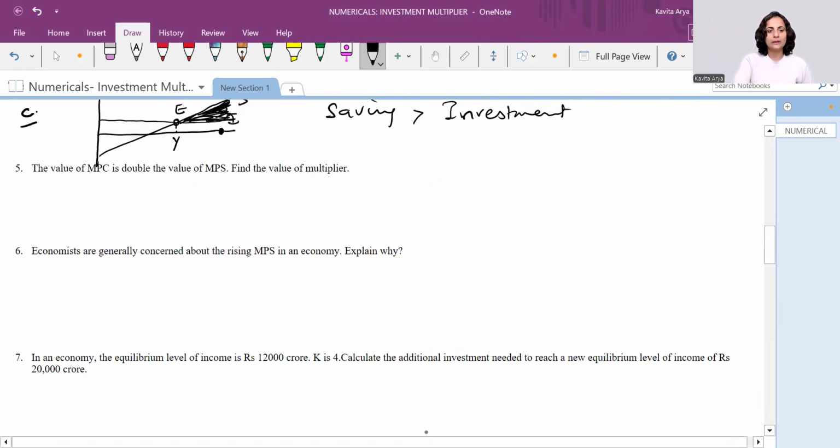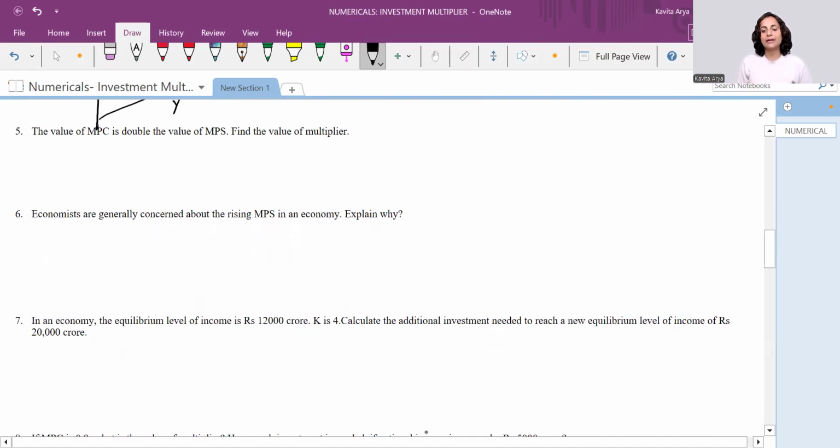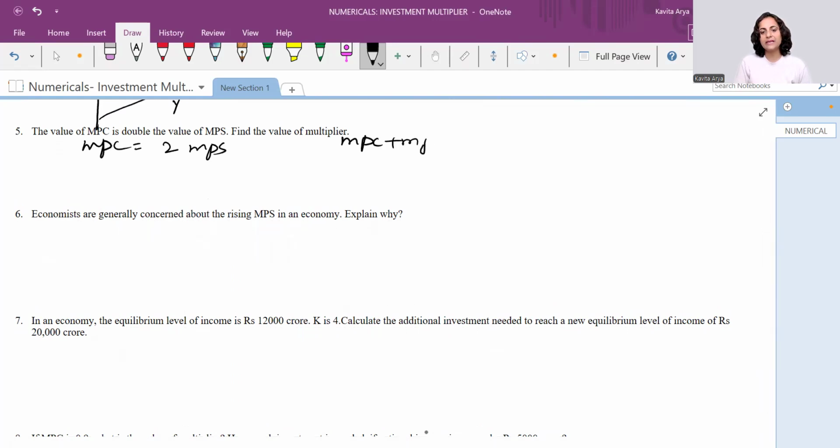Now, the value of MPC is double the value of MPS. Find the value of multiplier. So, MPC is double the value of MPS. We'll simply use this formula: MPC plus MPS is equal to 1. MPC is equal to 2 times MPS.